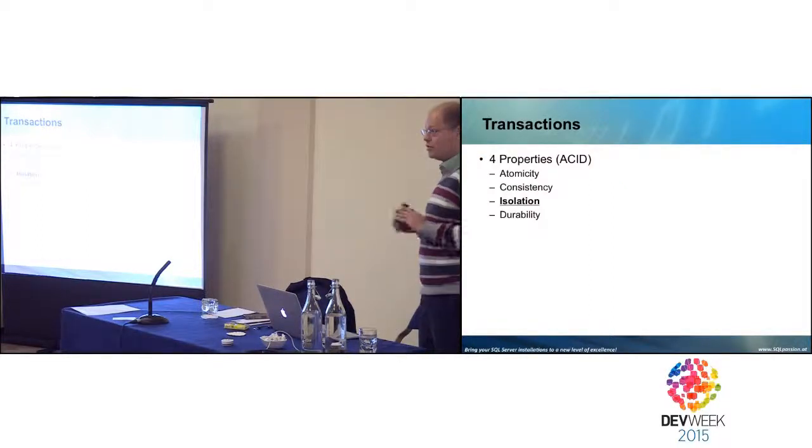When we talk about transactions in SQL Server, every transaction in a relational database has the ACID properties, meaning we want to have atomic transactions, consistent ones. Transactions should always be isolated from each other, and finally they should also be durable, meaning when our database crashes we don't want to lose any transactions.